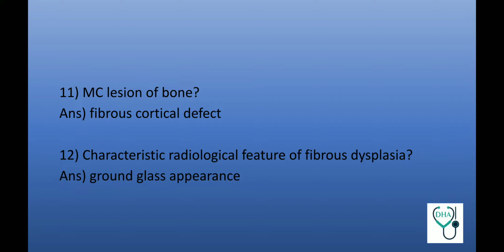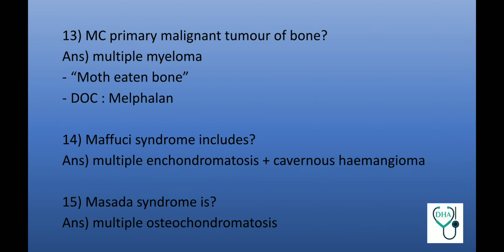Characteristic radiological feature of fibrous dysplasia, ground glass appearance. Most common primary malignant tumor of bone, multiple myeloma. It is also called as moth-eaten bone, and the drug of choice for multiple myeloma is melphalan.